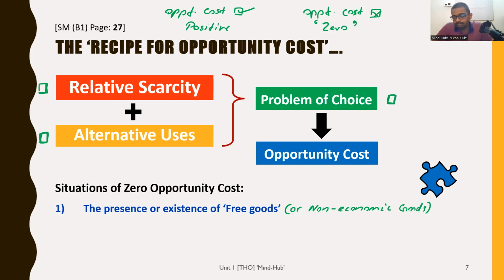Done. The key thing about free or non-economic goods, I'll make it very simple, because later when we go into detail and learn about economic goods and non-economic goods, this will be very clear for you. So there is no point in repeating work.